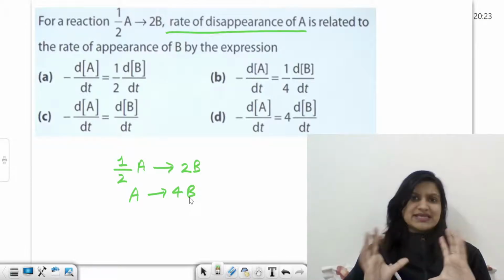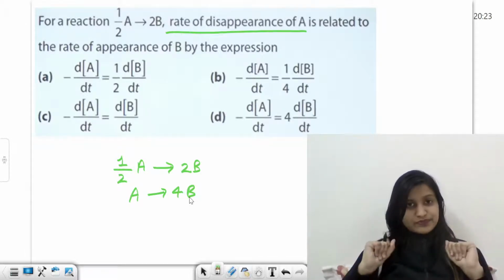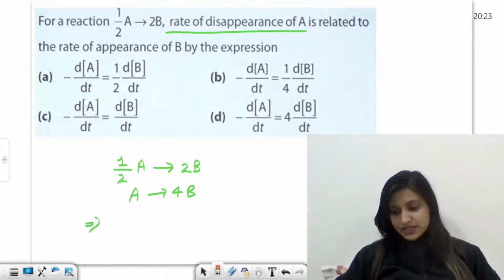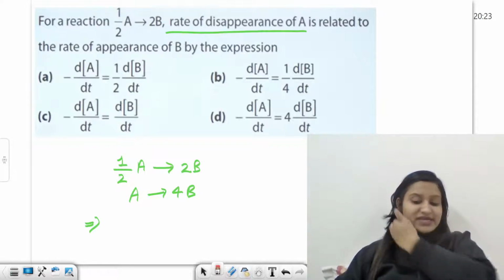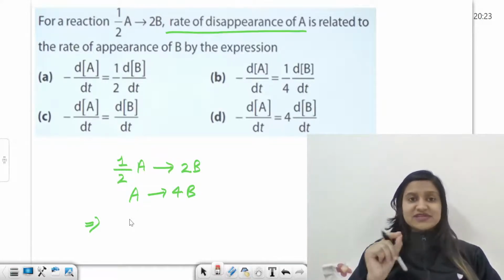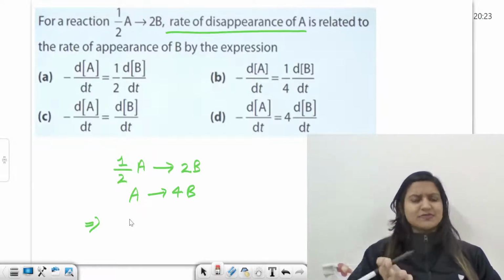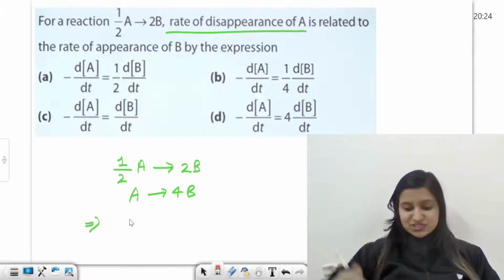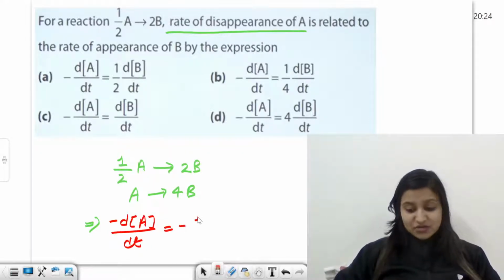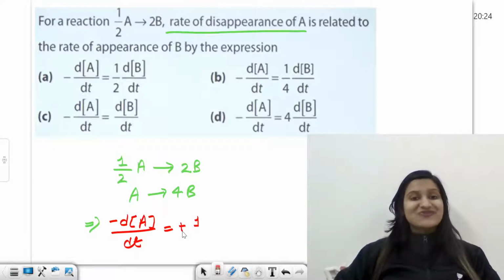This is the same equation. So what can we say? Minus of dA by dt, we are writing the rate of reaction expression, and then we will calculate the rate of appearance or disappearance, whichever is asked of us. I can say that minus of dA by dt is equal to plus 1 by 4 dB by dt, because this is your product side.